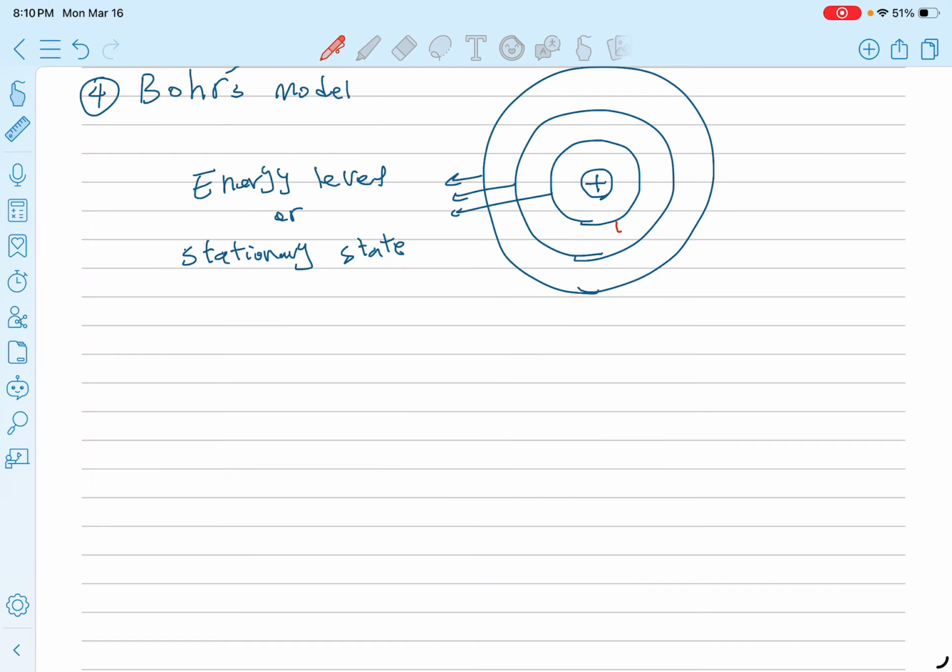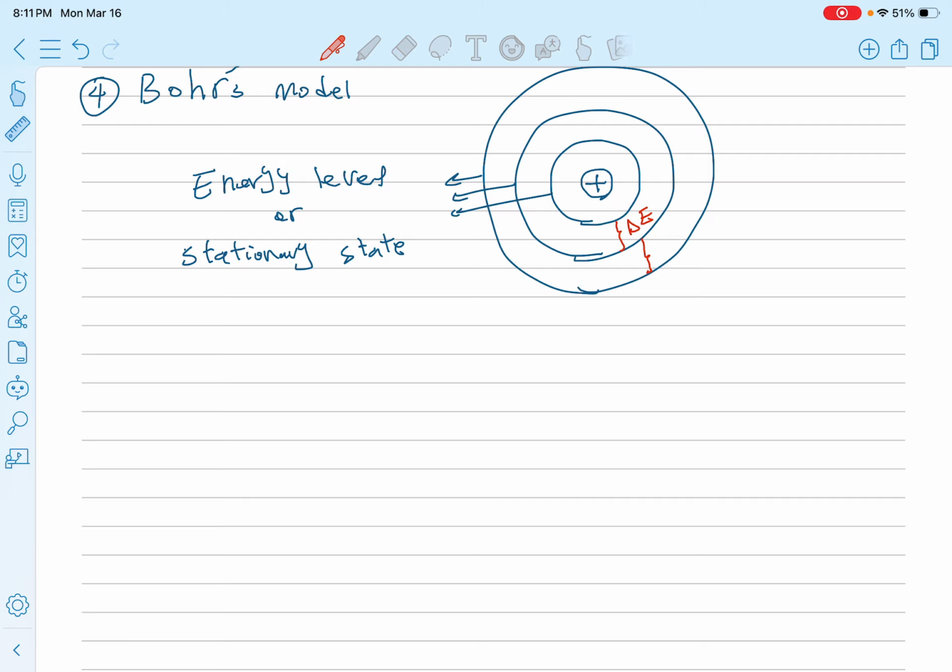The energy between these energy levels is quantized, which means there is a certain amount of energy between two energy levels. So an electron can orbit only on an energy level. Electrons cannot orbit between energy levels, only on them.